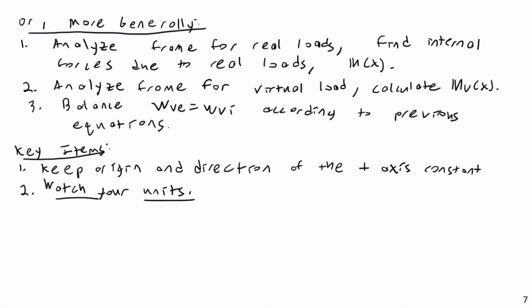If you have your cross-sectional area in inches squared, your modulus of elasticity in ksi, and your moment of inertia in inches to the fourth power, the only thing on your frame that is not likely to be in inches already is your length. So I recommend converting your length to inches and running through the whole problem in inches, and then you don't have to worry about any unit issues. And 3, use compatible zones of integration.